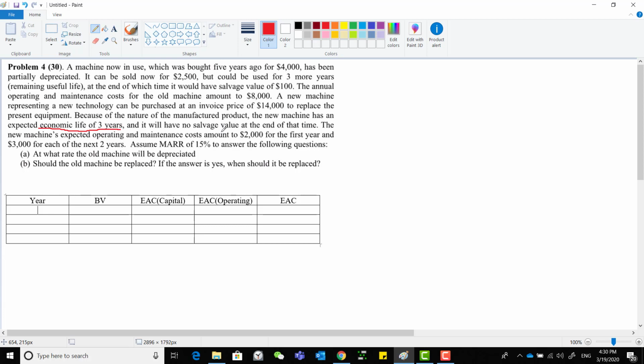Maintenance for the new machine is $2,000 for the first year and $3,000 for the next 2 years. Assume the interest rate is 15%.